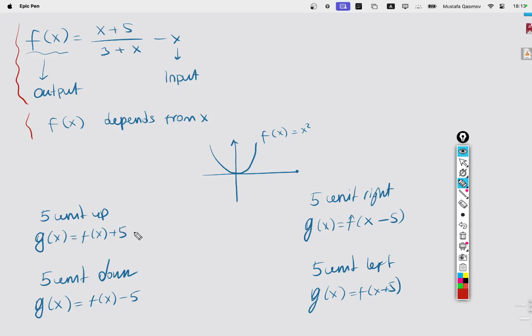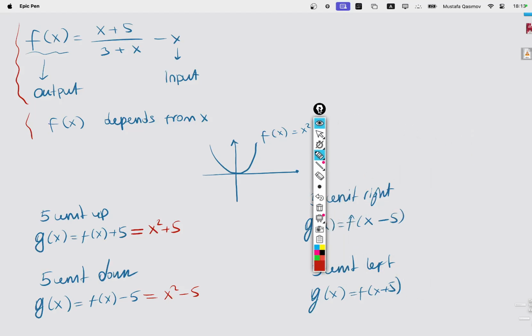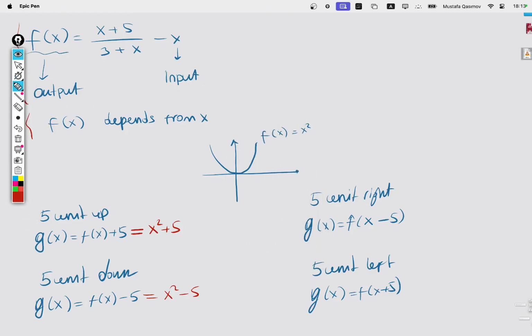That one will be like that, that one will be like this. x minus 5 squared, x plus 5 squared, like that.